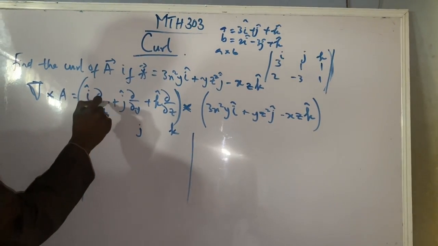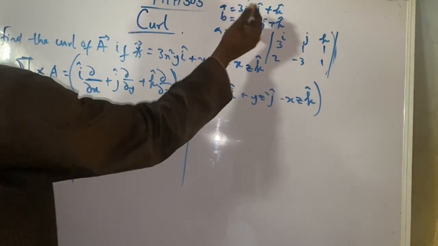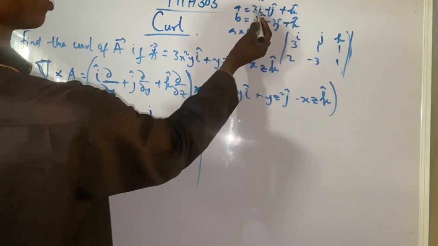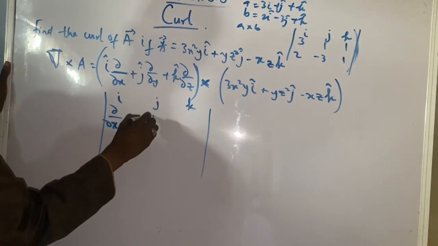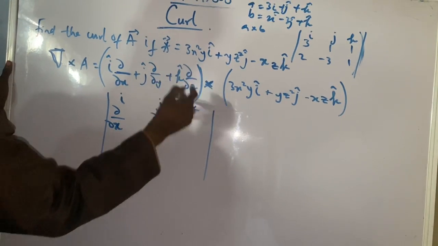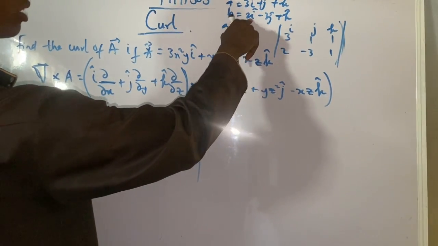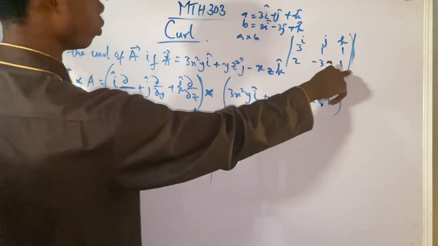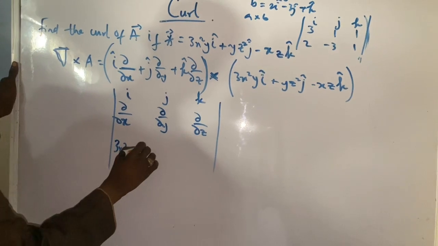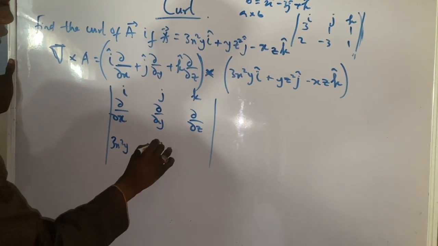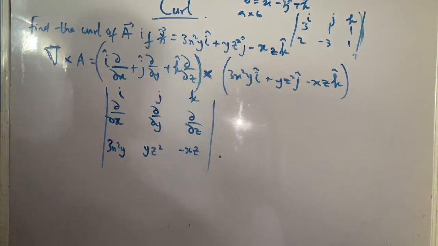So the next one is to use del x, del y, and del z, just as we did before where we first wrote i, j, k. After that, we wrote the components of the other vector. Then the components of these ones are 3x squared y, yz squared, and minus xz.